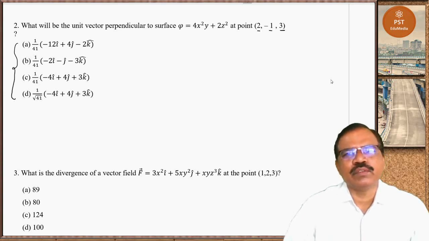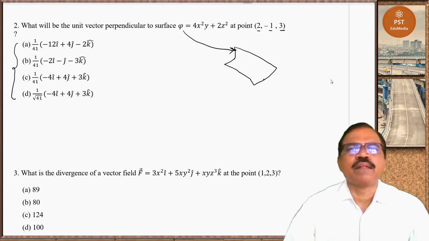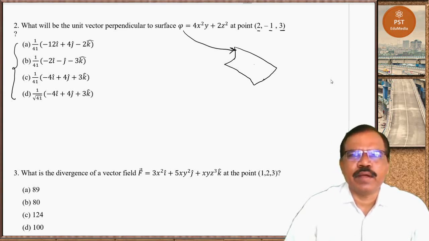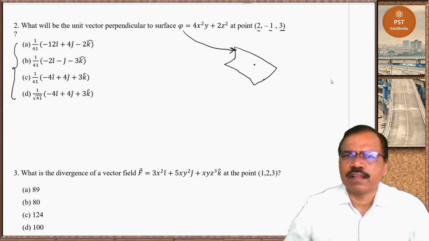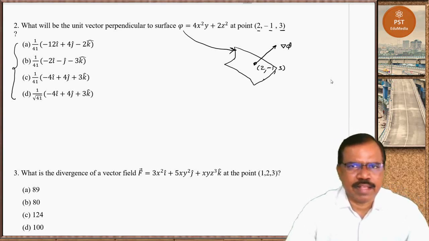In the earlier question we have seen that if we have a surface defined by this phi and take any point on it, the gradient phi is a vector normal to the surface at that point.